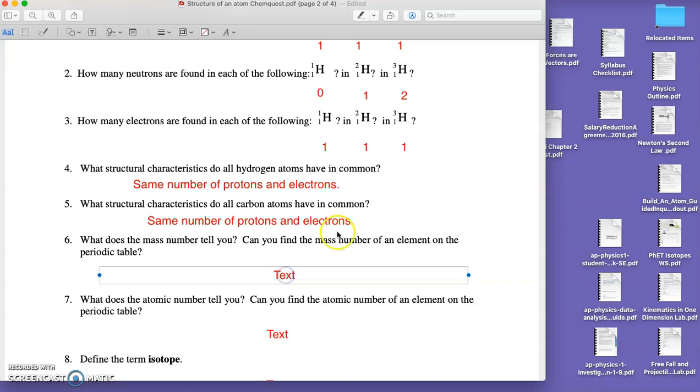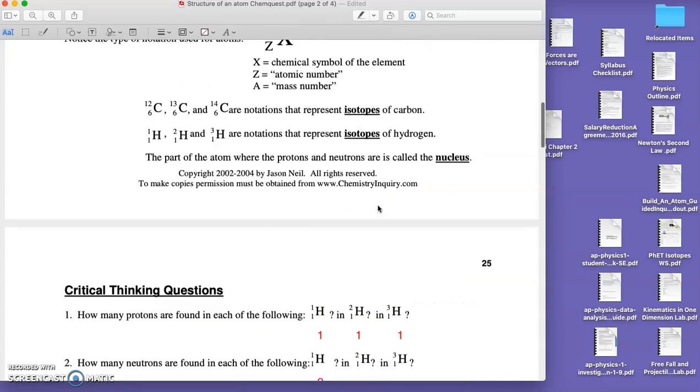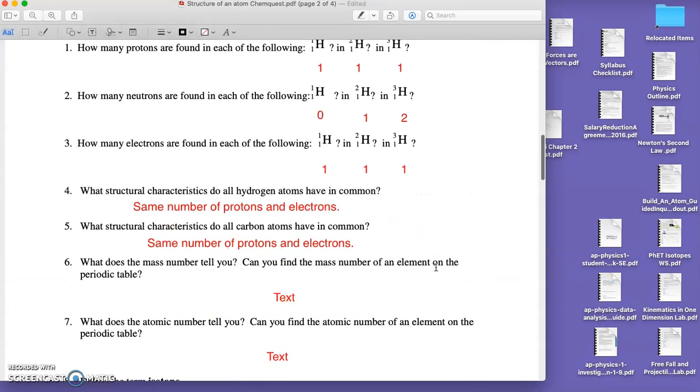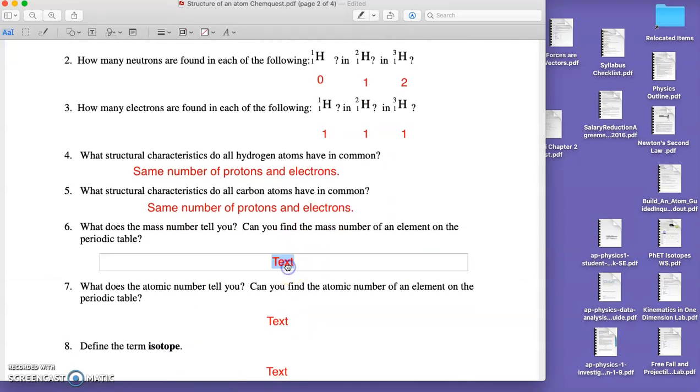What does the mass number tell you? Okay, so the mass number, when we look at it, for this is 12, for this is 13, and for this is 14. 6 plus 6 is 12, 6 plus 7 is 13, 6 plus 8 is 14. So the mass number is equal to protons plus neutrons.